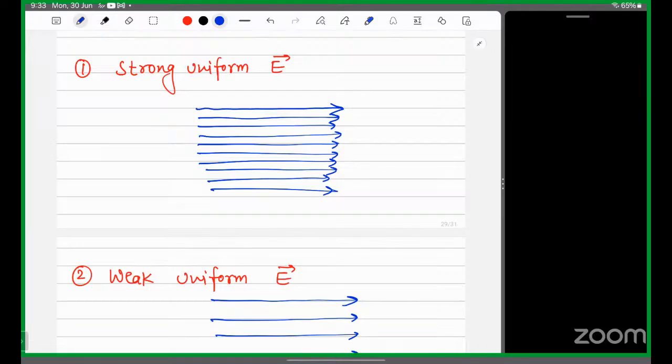If I have an electric field of magnitude 5 Newton per Coulomb and another of 15 Newton per Coulomb, then 15 Newton per Coulomb is stronger than 5 Newton per Coulomb. So this is the meaning of strong and weak. If I have only an isolated room with a certain amount of electric field, I cannot comment whether it is strong or weak.